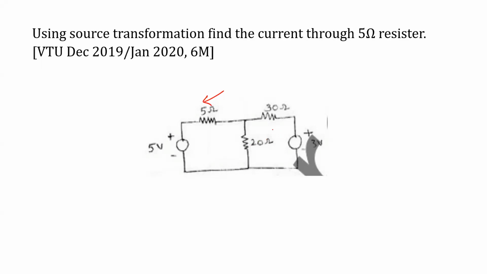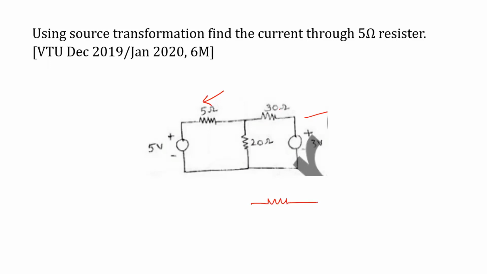I will give you hints. First, convert the 30 ohm in series with 3 volt into a current source in parallel with the resistance. Later, 30 ohm and 20 ohm will be in parallel.